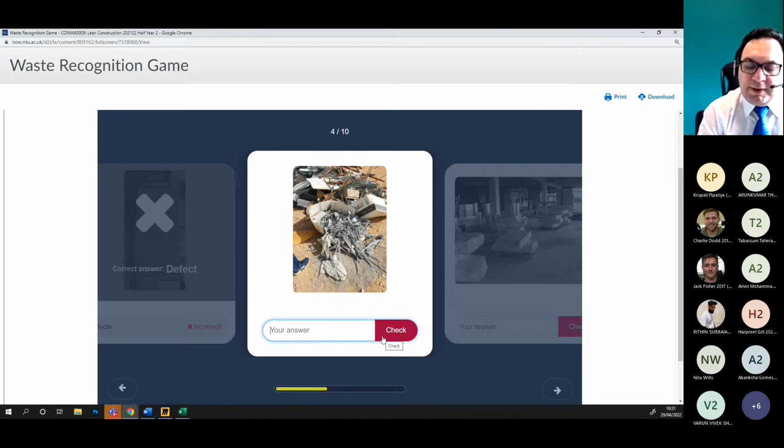So you think the packaging is damaged because of the excessive transportation? Yes. Interesting. So as you can see, we can have different interpretations and different analyses of the same photo.